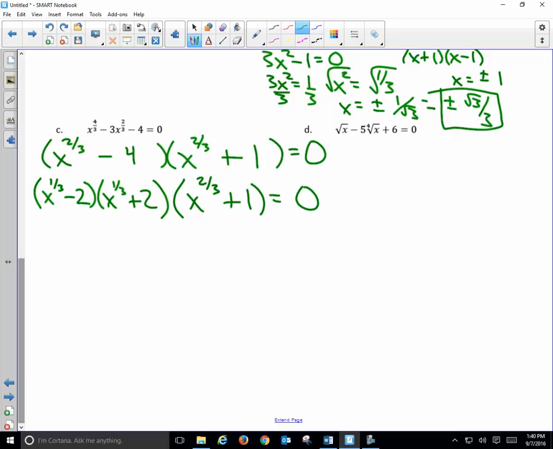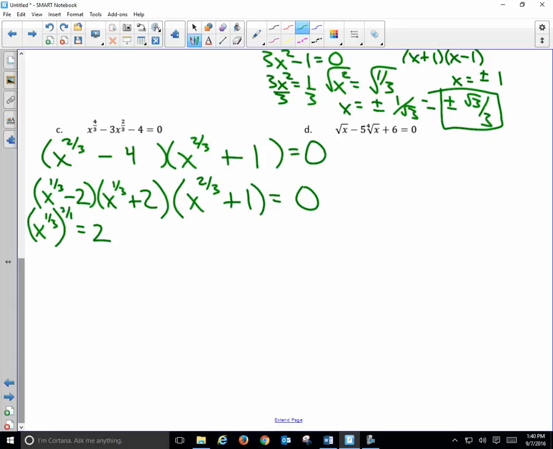So I got x to the 1/3 minus 2 equals 0, or x to the 1/3 is equal to 2. How do I get rid of the 1/3 power? Cube it. I'm going to state it as this: I don't just cube it, but rather I take it to the 3/1 power, right?